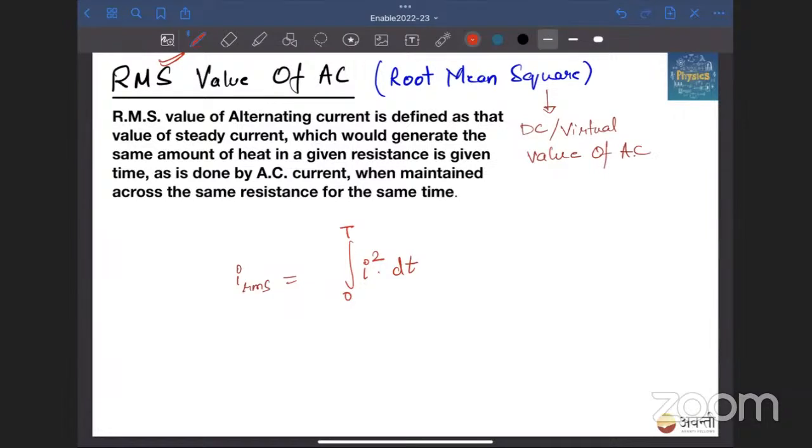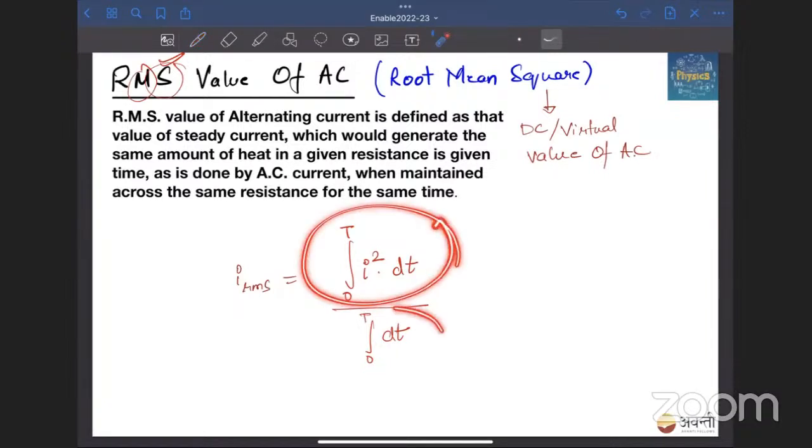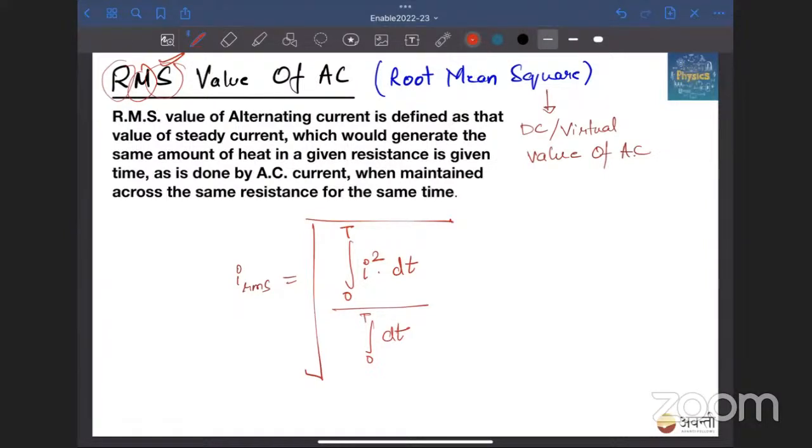Sir, why integration? Because current is changing continuously, so we cannot sum it up. Current is increasing, decreasing, so we have to integrate over time t, and to find the average, divide by total time. Clear? So what I did: first I did square, then I did mean. Mean means total current upon total time. Then I have to do root. In this way we calculate IRMS.